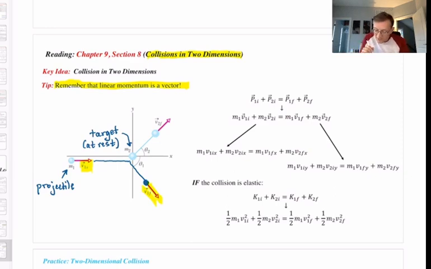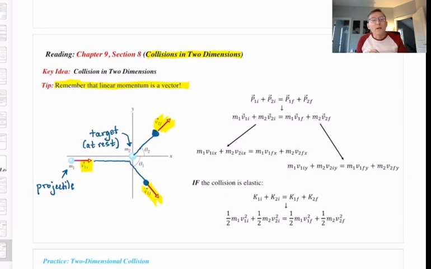Particle 2, of course, was initially at rest. Because of this off-center collision with particle 1, it goes off in that direction after the collision. So that's now particle 2 a little bit after the collision. And there is its velocity vector afterwards, v2 final. And those velocity vectors make angles that are important to keep track of relative to plus x.